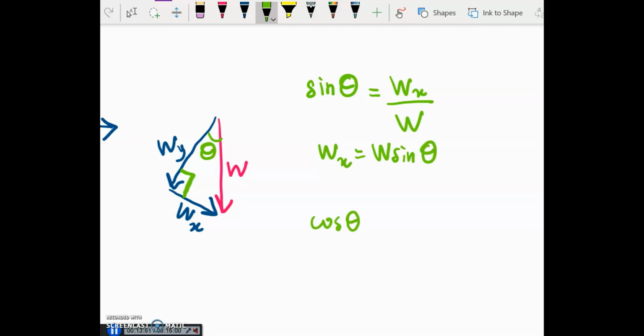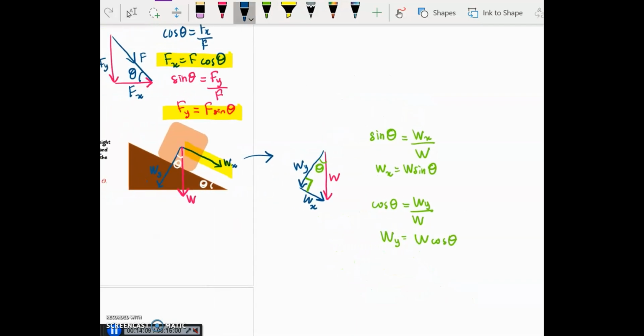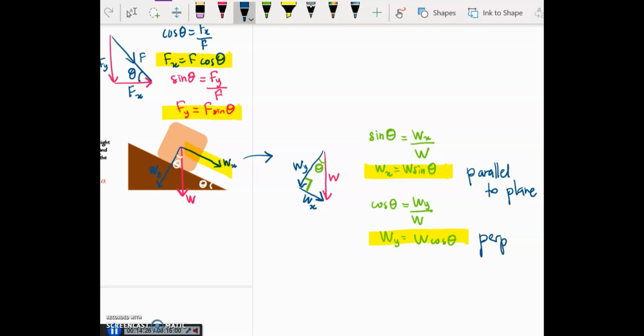Do the same for cos theta, which is adjacent to the angle, Wy over hypotenuse, which is W. So Wy is W cos theta. Take note that Wx here is the component which is parallel to the plane, and Wy here is the component perpendicular to the plane.